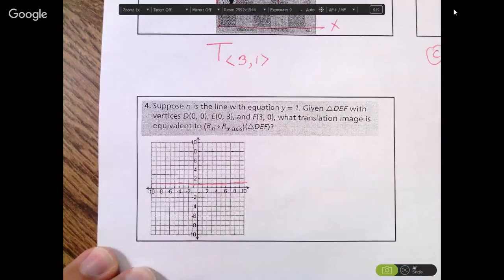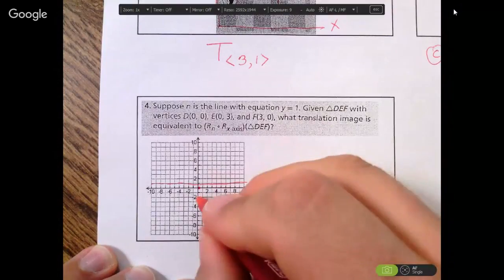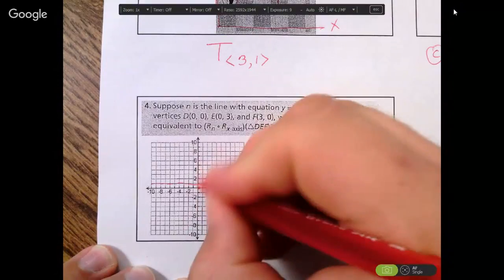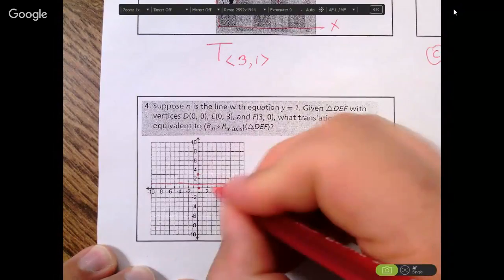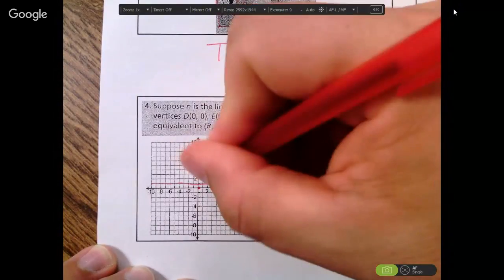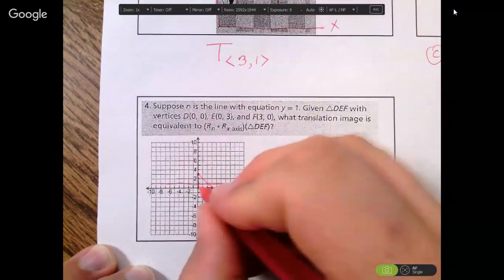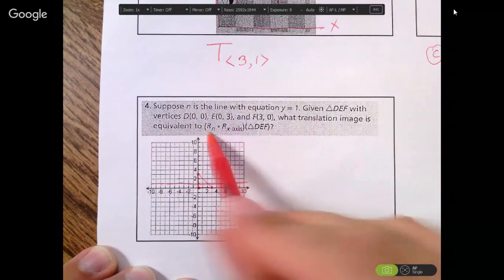And given DEF has these vertices, I'm going to plot those points. And then we have this little right triangle. What is the translation image if we do this composition?